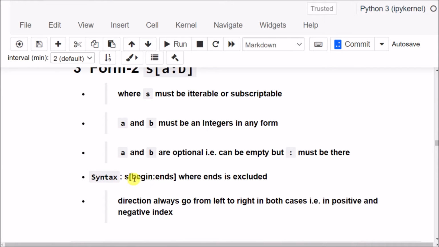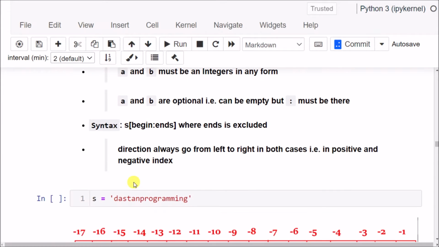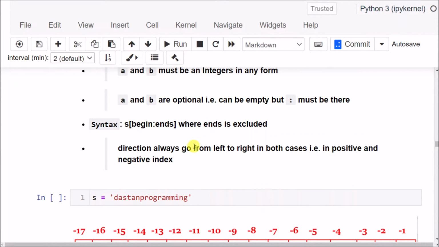And the syntax is begin and end, where end is excluded, meaning we have to print all the values before end only, and begin is included. And the direction always goes from left to right in both cases, in positive index and negative index also. What is the meaning of this? We'll see with examples.